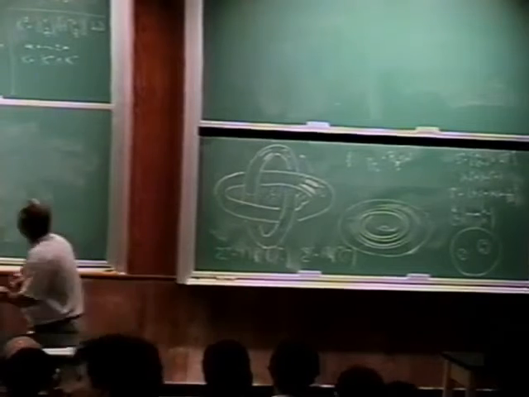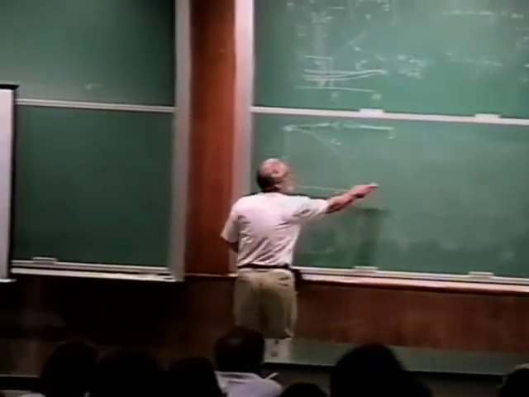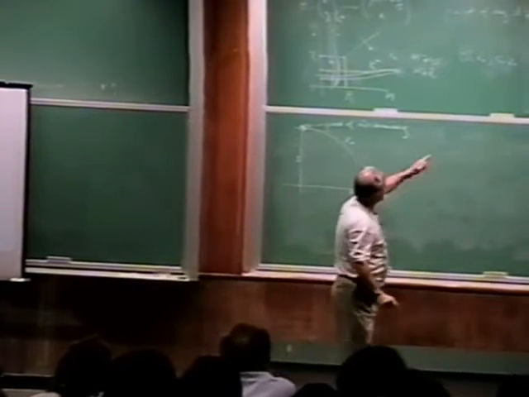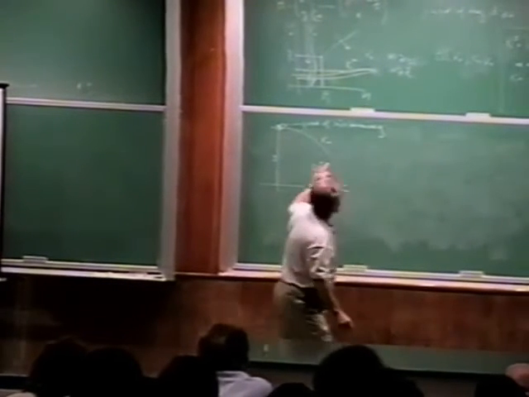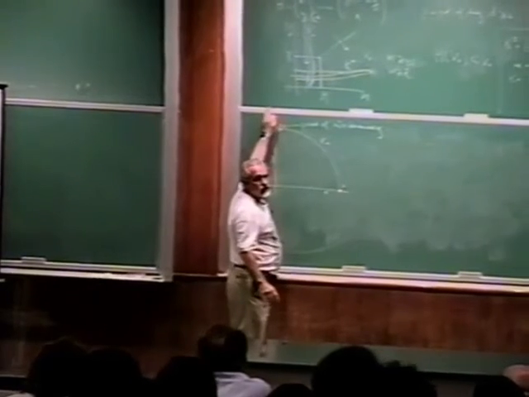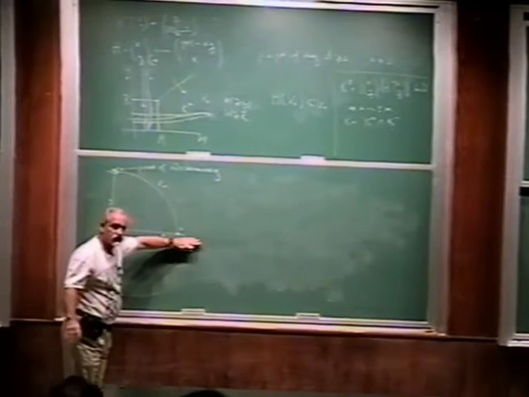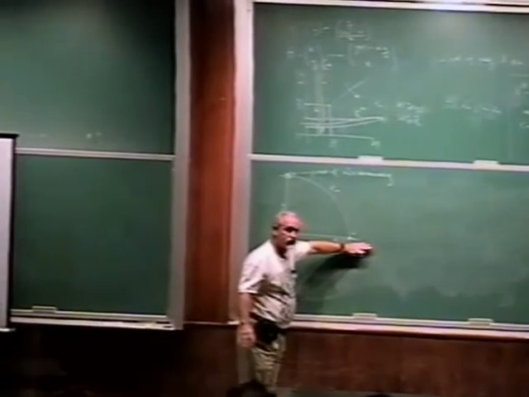So sitting out here, there's going to be one solenoid, and sitting out there, there's going to be another solenoid, but actually K plus is going to have as its closure the repelling solenoid, and K minus is going to have as its closure the attracting solenoid.